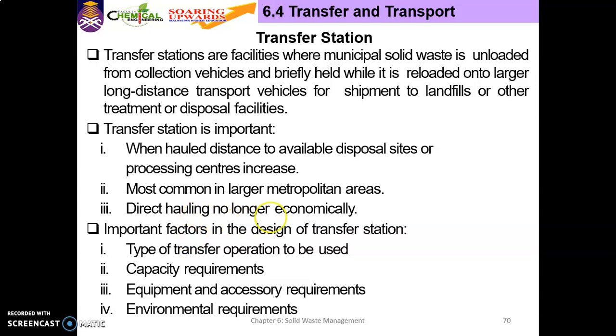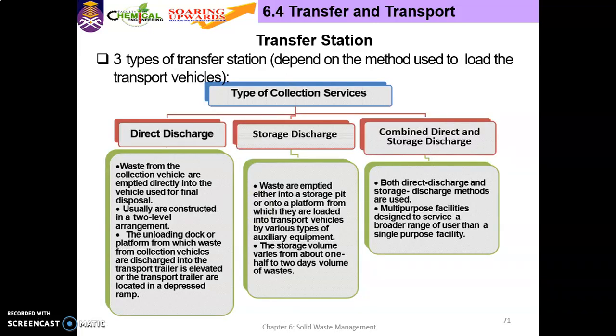Important factors in design of a transfer station are the type of transport operation, capacity requirements, equipment and accessories requirements, and also environmental requirements. So you cannot build a transfer station near a residential area. It depends on the area. It must be far.